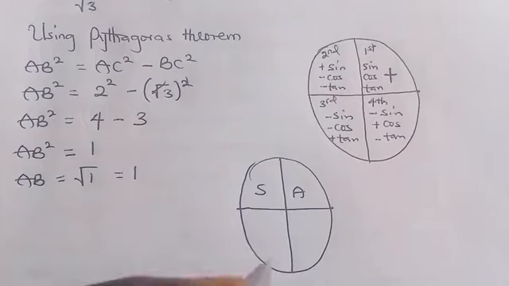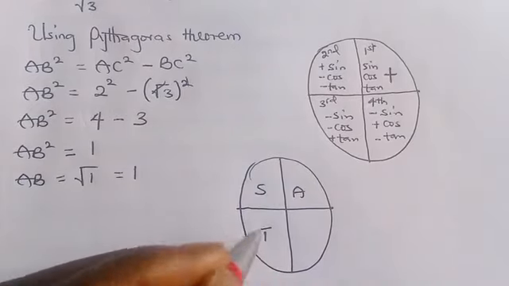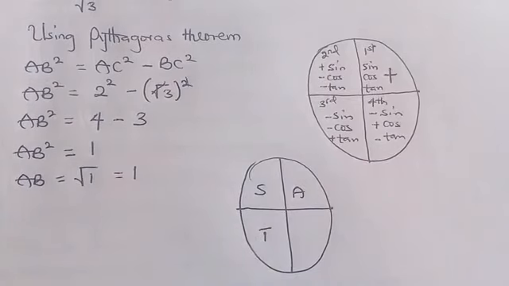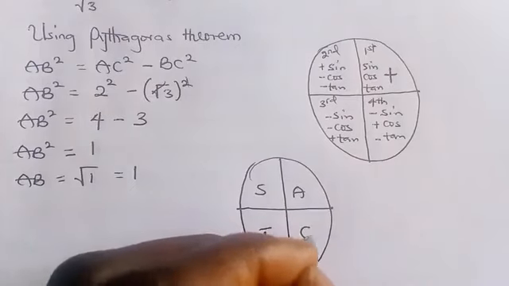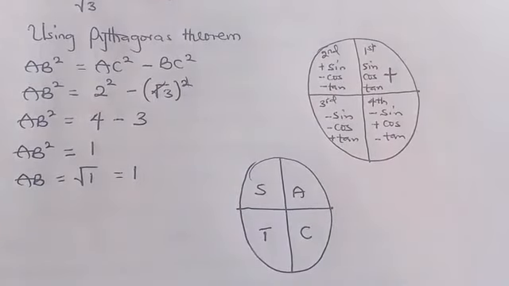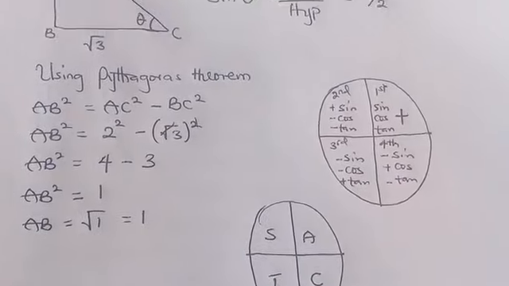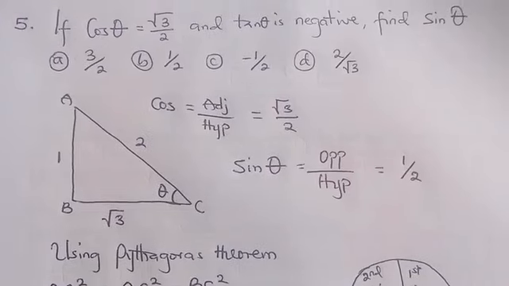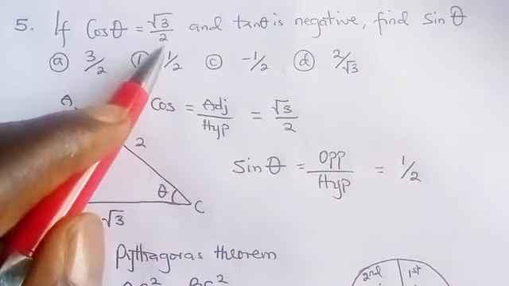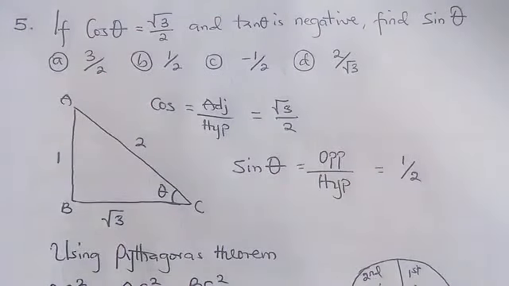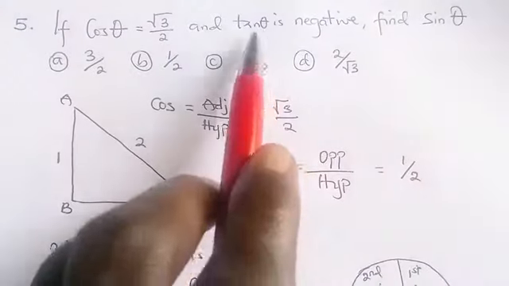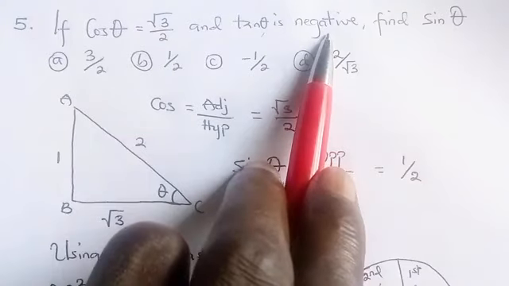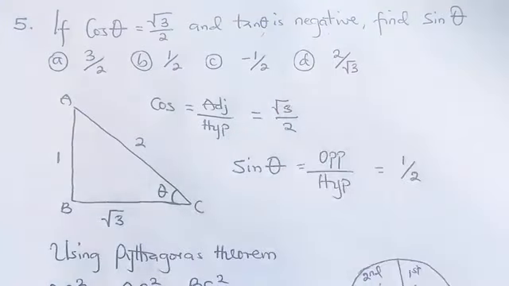In the third quadrant, only tan is positive. And then in the fourth quadrant, only cosine is positive. So in this question given to us, you discover that cos theta here is positive. That is root 3/2 is positive. And they are saying tan theta is negative. So what is sine theta?